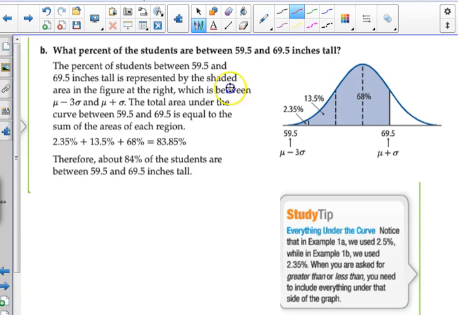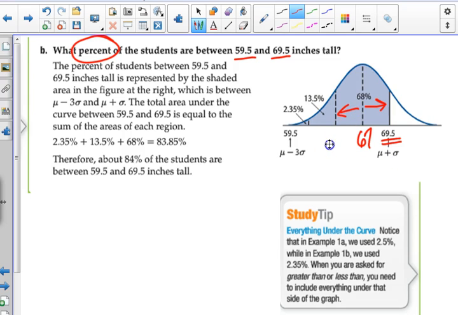All right, second part of this question says what percent? When they ask a percent, we don't have to do that last step. All we have to figure out is the percentage that fall between here and here. Now, if the mean was 67 and they want us to find between 59.5 and 69.5, well, if you go 2.5 this way, you're up to the 69.5.